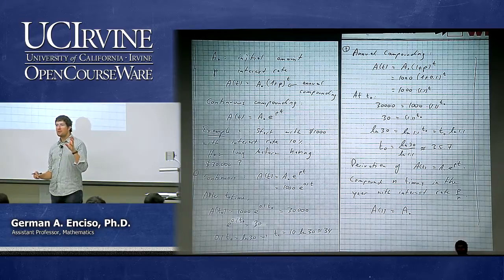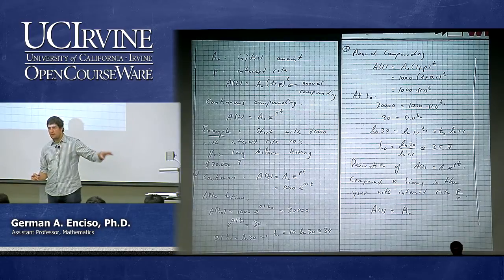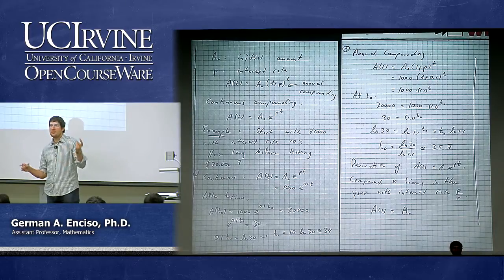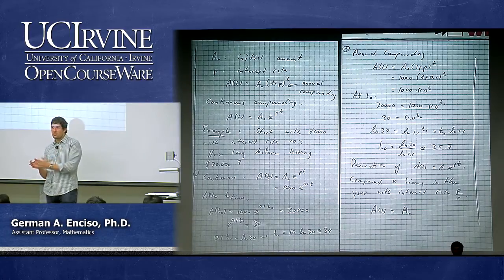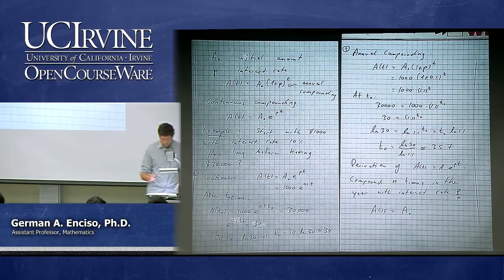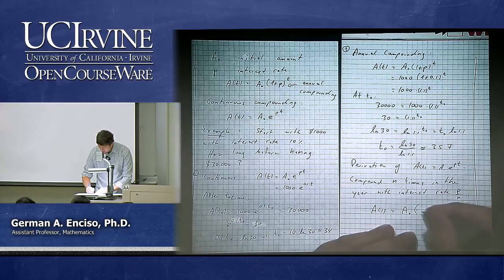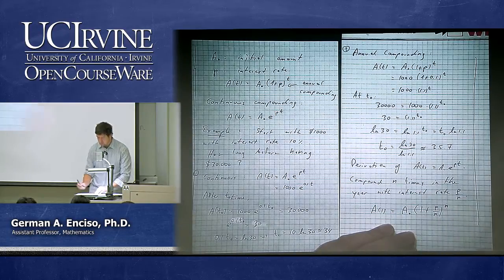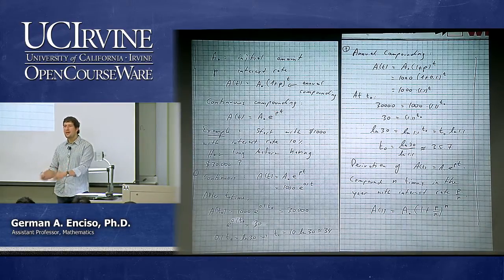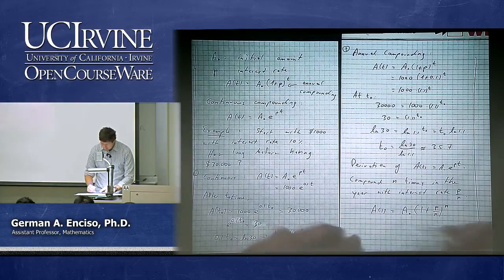Compounding every month at a rate of 8 over 12 is the same as compounding annually 12 times at a rate of 8 over 12. So the number is 1 plus P over n, the interest rate, compounded n times. That's after 1 year.